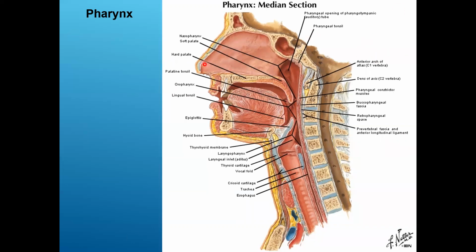Okay, so what do you see in this? This is the nasal cavity. This is the nasal septum, right? So this will be the nasopharynx, right? And this is the oral cavity, right? This is the hard palate. This is the soft palate, and this is the uvula.